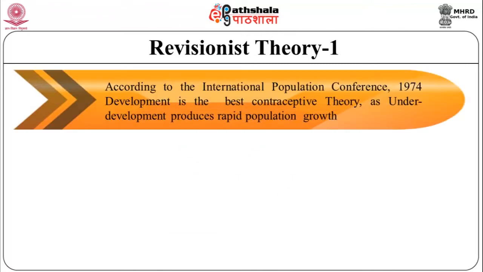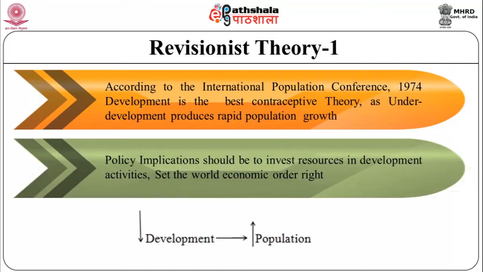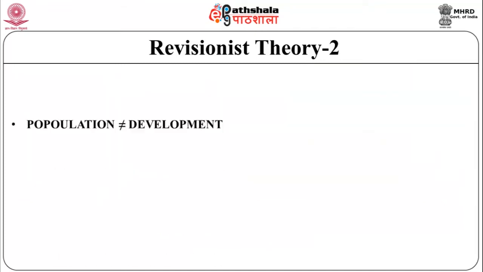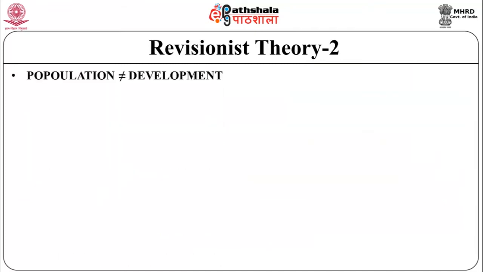According to the International Population Conference 1974, development is the best contraceptive, as underdevelopment produces rapid population growth. Policy implications should be to invest resources in developmental activities and set the world economic order right. Let us see revisionist theory 2.